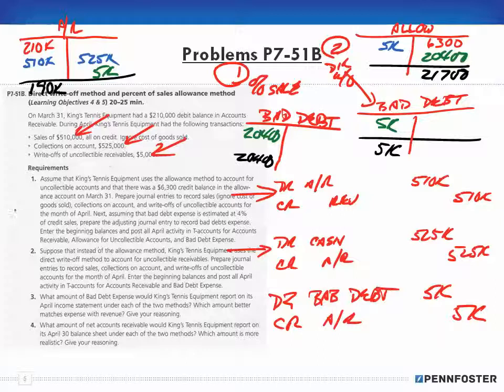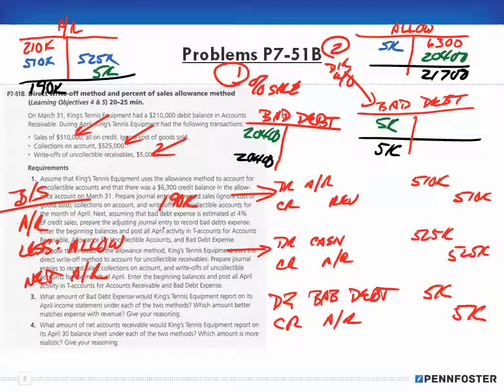Okay, so remember, on our balance sheet, we show our accounts receivable less our allowance for uncollectible accounts, which gives us our net accounts receivable. So our accounts receivable under the allowance method is 190,000, and then we have less 21,700 for our allowance, which gives us a net receivable of $168,300.